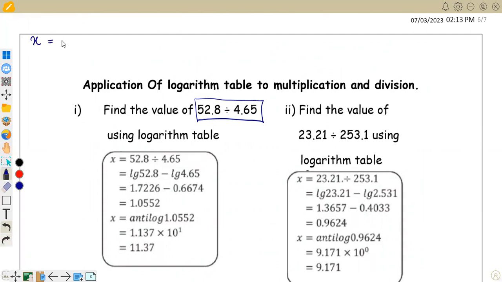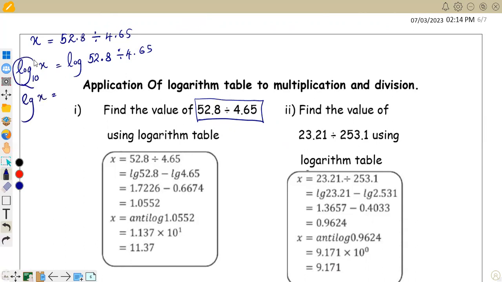X equals 52.8 divided by 4.65. Now take the logarithm to the base 10 of both sides. Then after, it is actually LG of x, because instead of logarithm to the base 10, you can use LG.